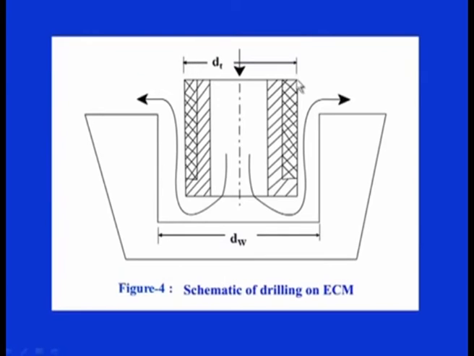So, this is the tool diameter dt, which is employed as one of the electrodes. This is the passage kept for the electrolyte flow, and this is the resulting diameter that is produced because of this ECM action, and therefore, this sidewise amount is considered to be overcut. So, this way overcut will be on both sides.